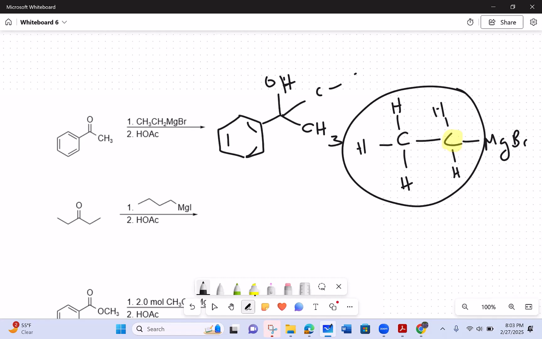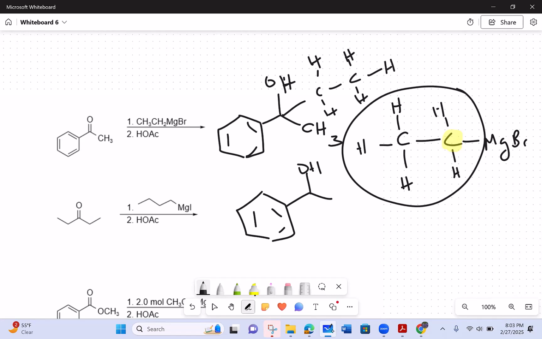So it's this, and it's just to predict the products. This is not showing the mechanism. Or I can draw it in skeletal form like this, because it's just a two carbon chain. Both of those are correct, but it's the entire fragment that's bonded to magnesium that I'm attaching to that carbonyl carbon.